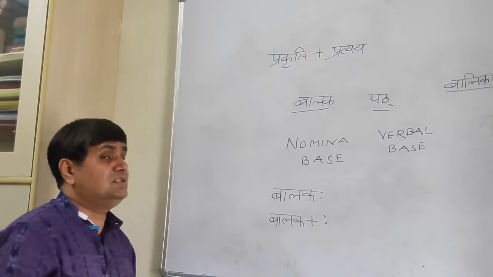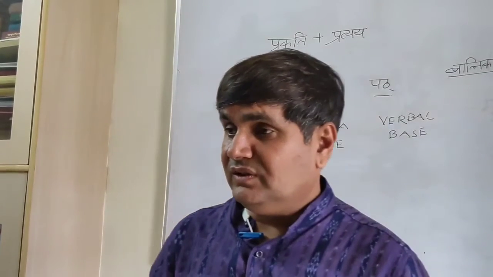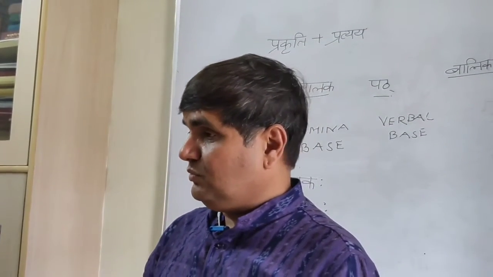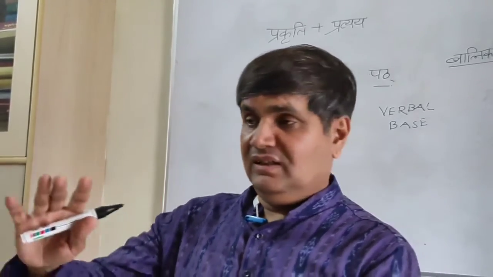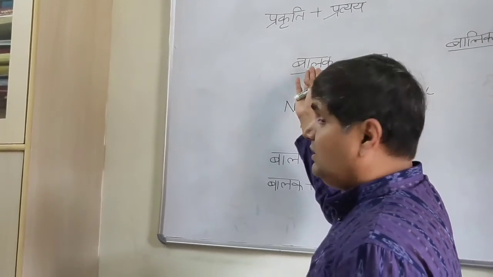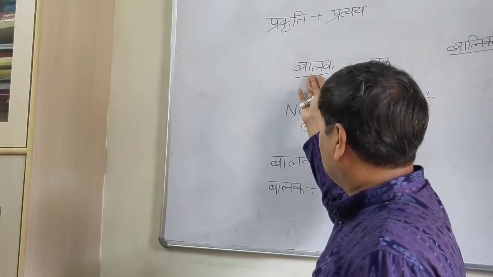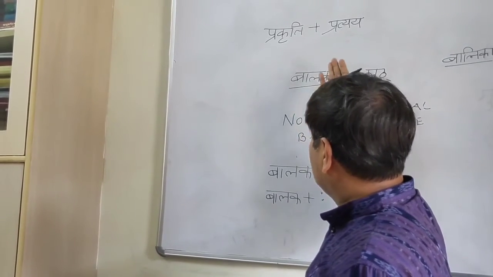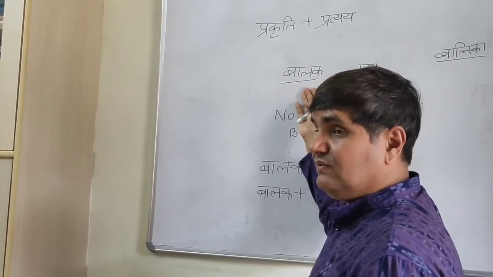According to Sanskrit grammarians, every usable word has these two components, the prakriti component and the pratyaya component. Now, can you see this has only the prakriti component?